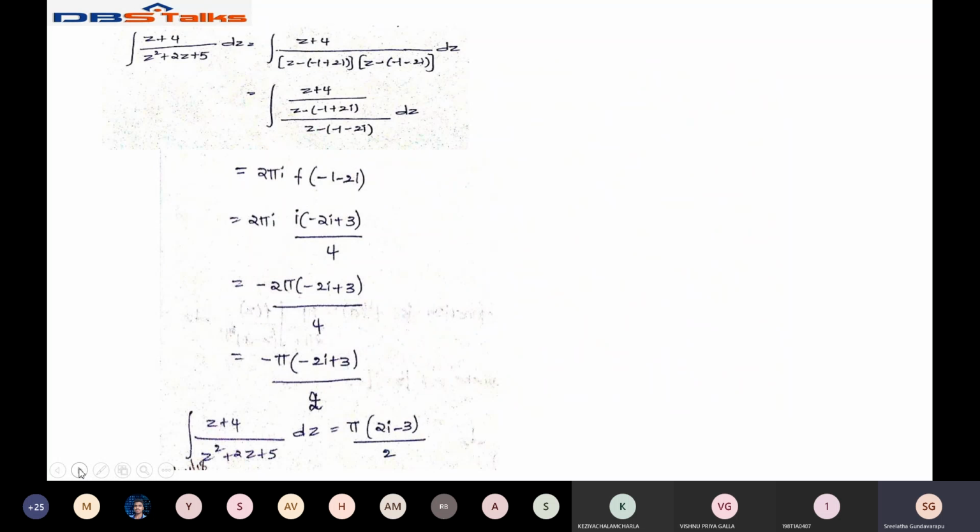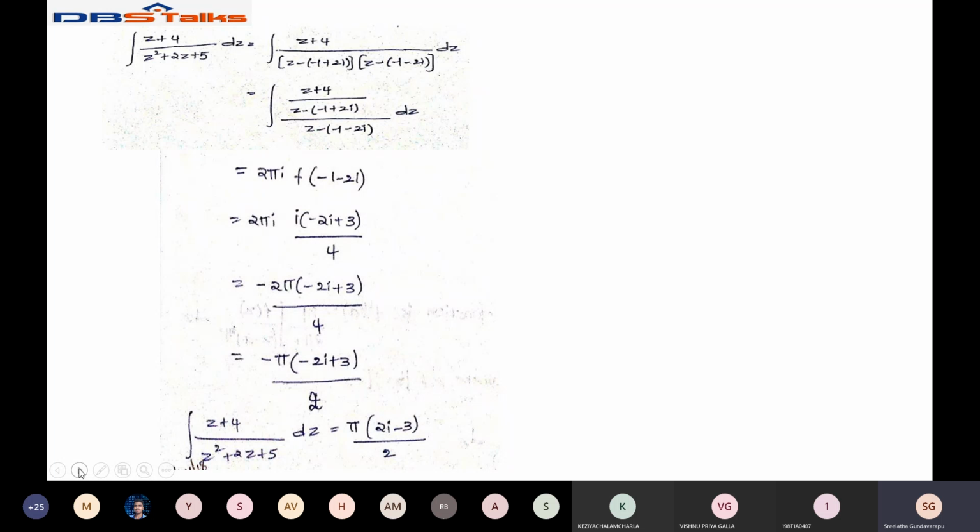Therefore, the integral of (z+4)/(z²+2z+5) dz equals the integral of (z+4)/[(z−(−1+2i))(z−(−1−2i))] dz.